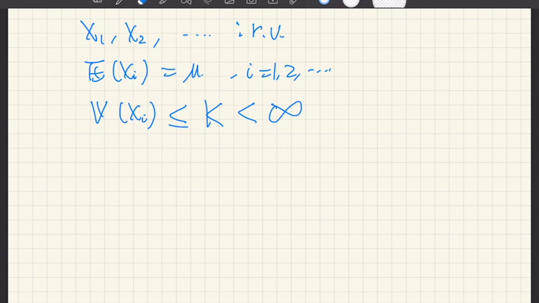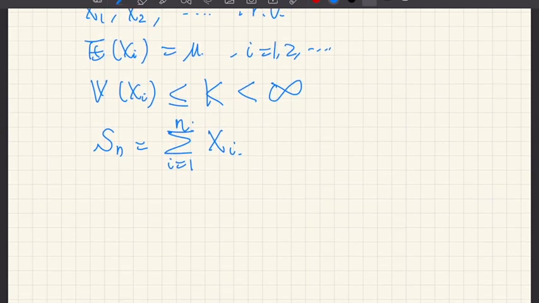Under this condition, let's define a new random variable Sn, which is just the summation of n of these random variables.